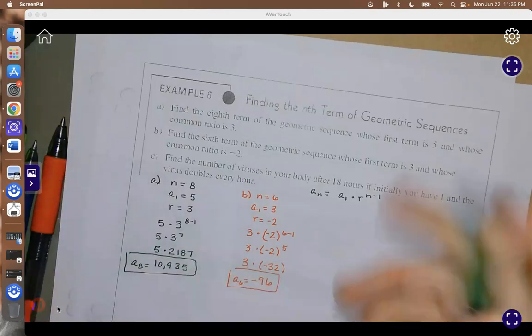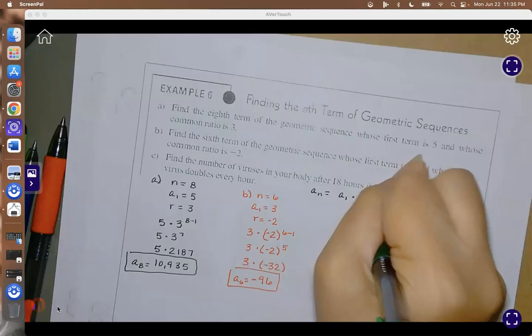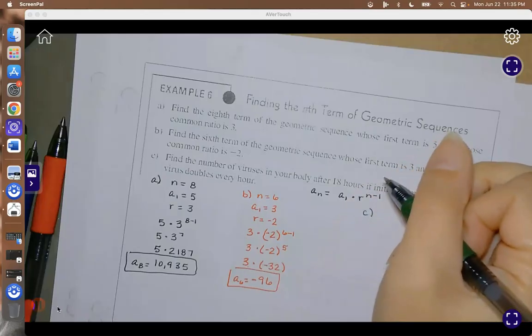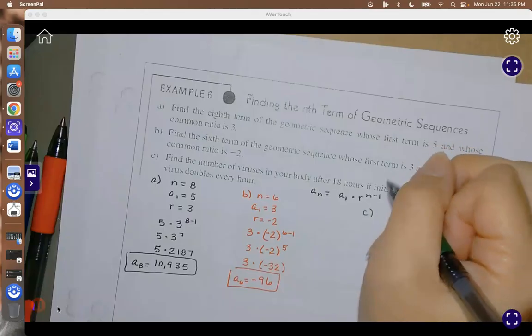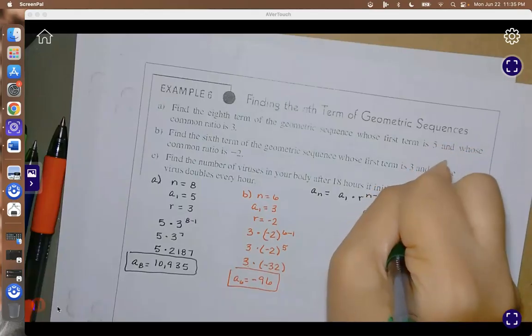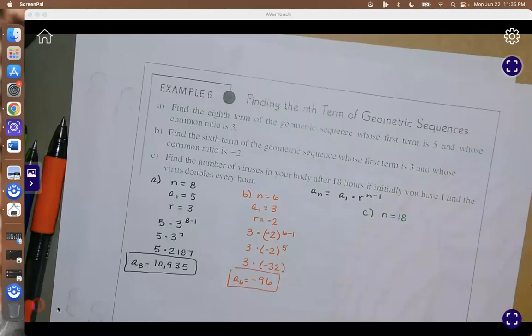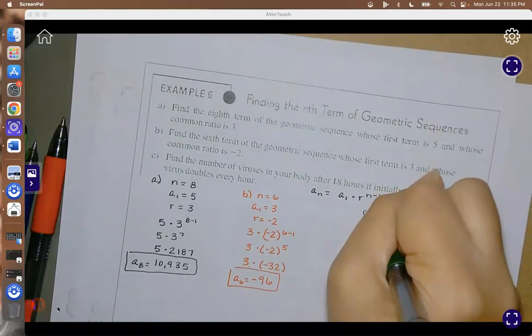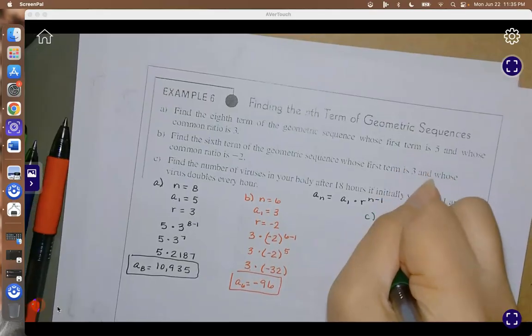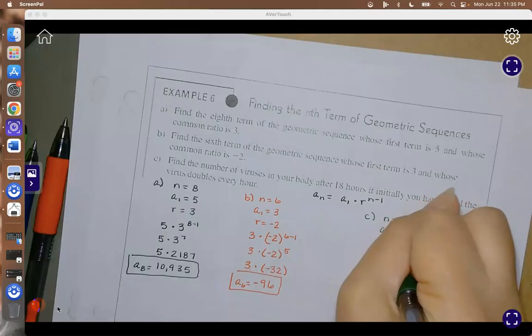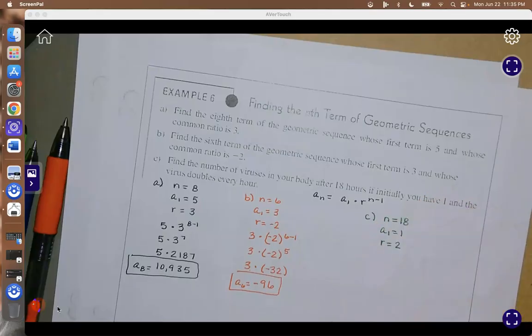Alright, let's do the last one right here. Find the number of viruses in your body. Okay, so we have an application problem here. After 18 hours, so 18 is your n. If you initially have 1, so a sub 1 is 1, and the virus doubles every hour, so the ratio is 2.